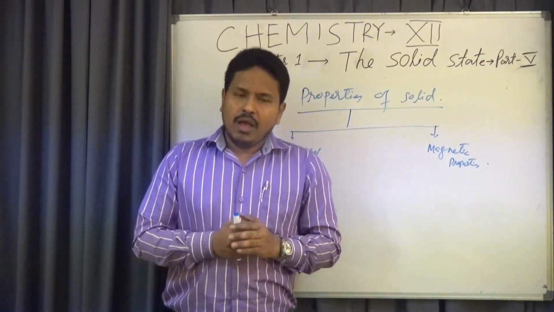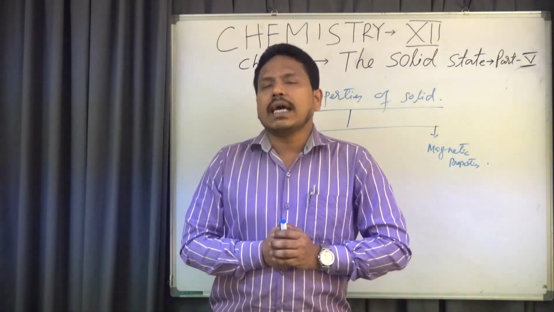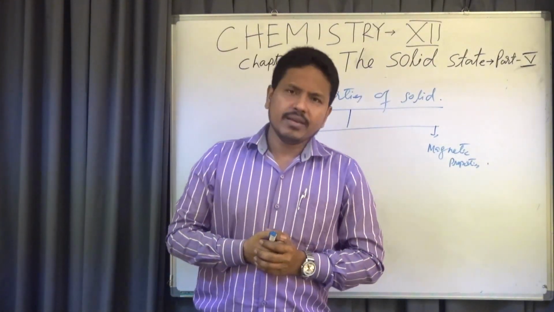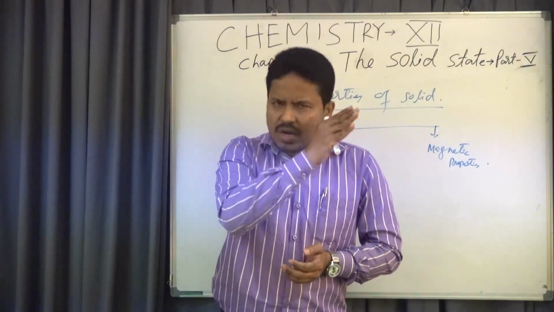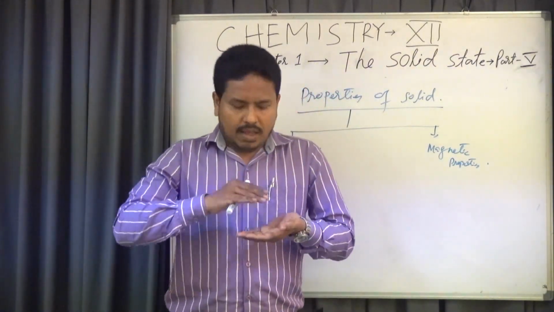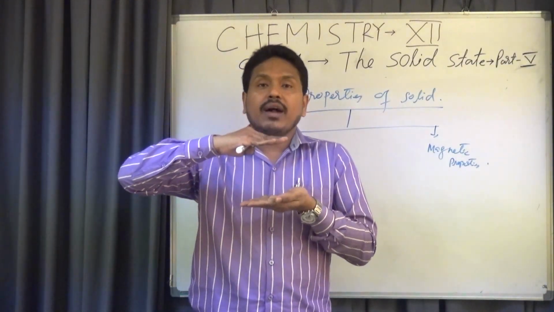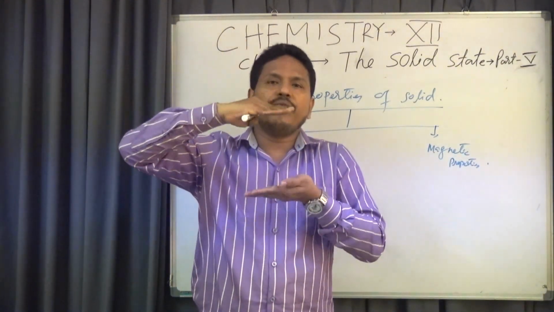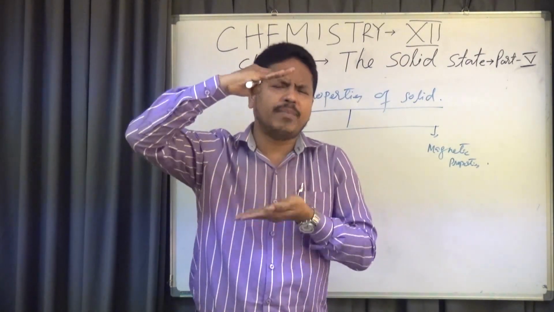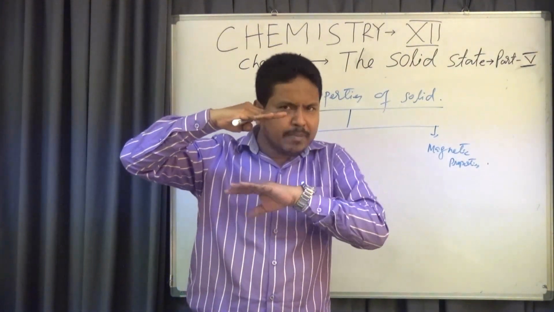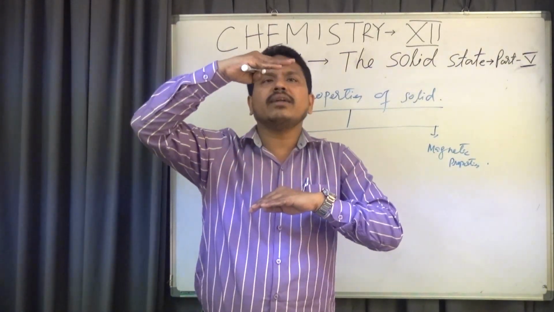In insulators, non-conductors, like plastics and wood, why are they non-conductors? In insulators, the energy difference between the valence band and the conduction band is very large. The forbidden zone is a very large gap. That is why electrons are generally present in the low energy valence band. The high energy band is empty.